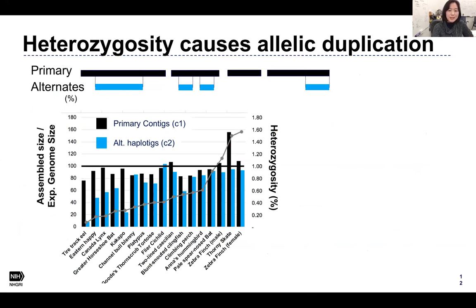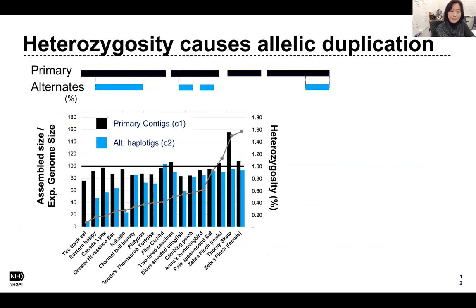And the other factor we found in Falcon Unzip was that Falcon Unzip generates two contig sets, the primary set and the alternates. The primary set mostly contains one haplotype and the homozygous part of the genome. The alternates get split out during the unzipping process.